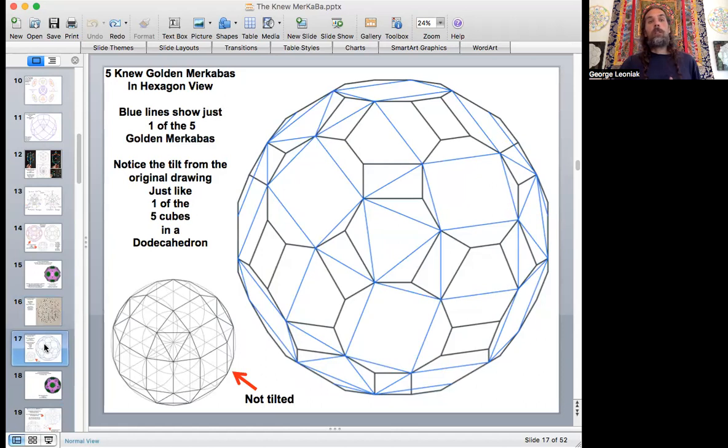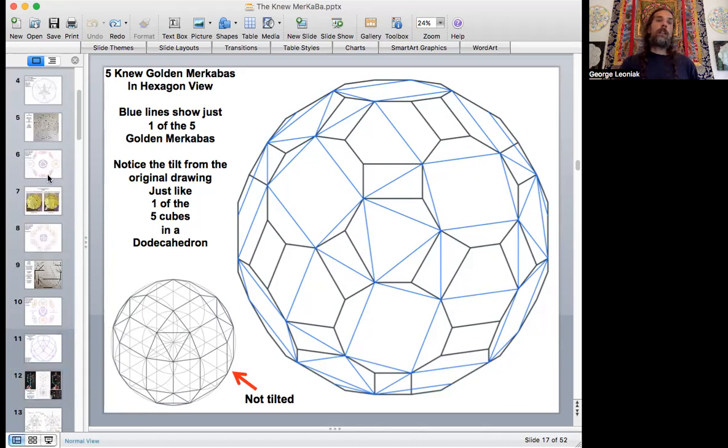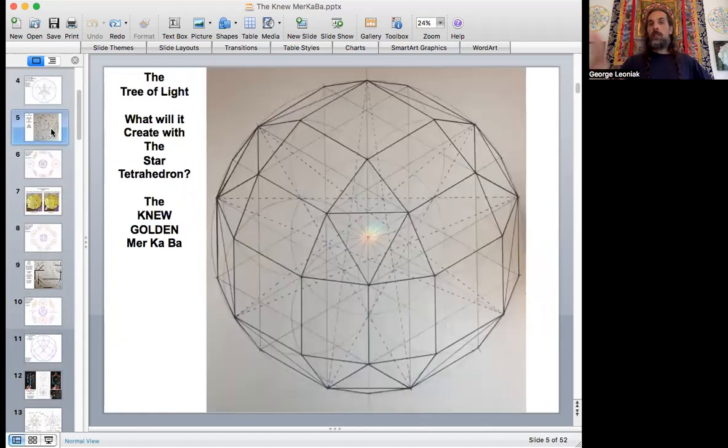Okay, so the New Golden Merkaba, 5 of them in there, and I just wanted to show you one of them, which I've outlined in blue. Now, I showed you this form earlier, right? It's the one I did hand-drawn way back at the beginning, which was this one, right?